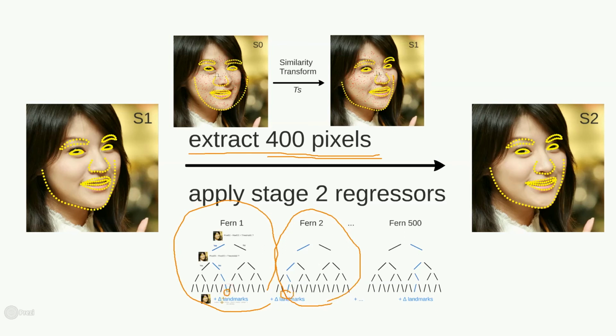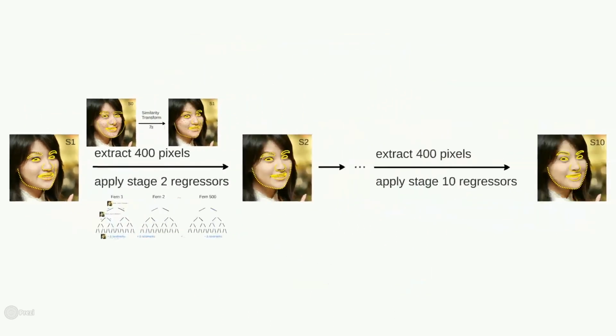And at each leaf, we get a different delta landmark. We add them to the shape, and in the end, we get shape 2. Now we understand the stage 2 regressor. Stage 3, stage 4, they're basically the same. And it goes on until the 10th regressor, and we get this result.